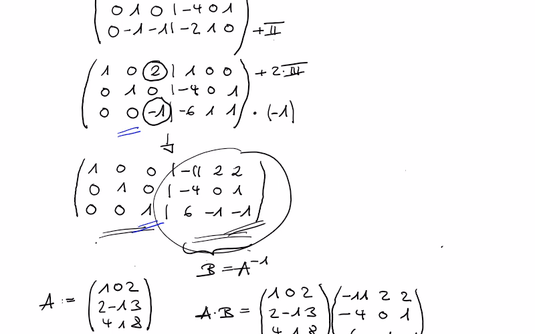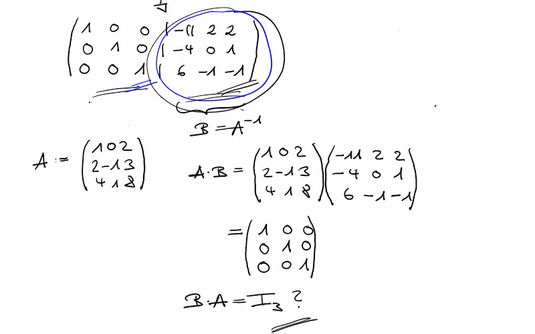And then the right thing here is actually the inverse. And you can then check that by computing the matrix product A times this inverted matrix, presumably also times A.